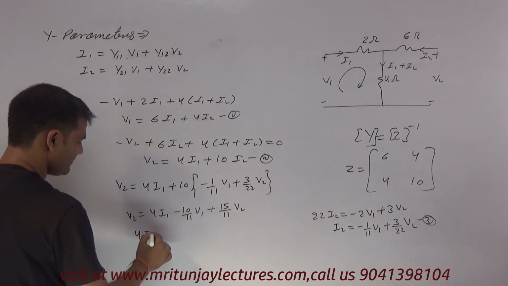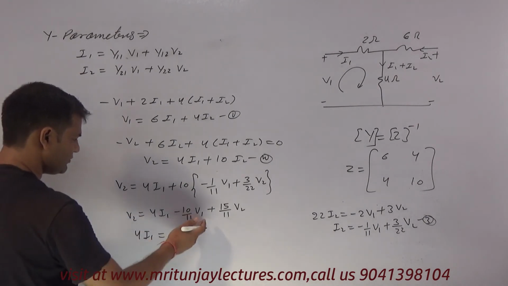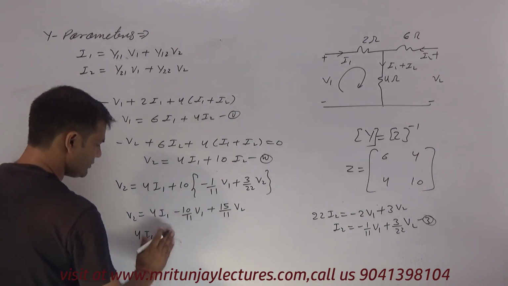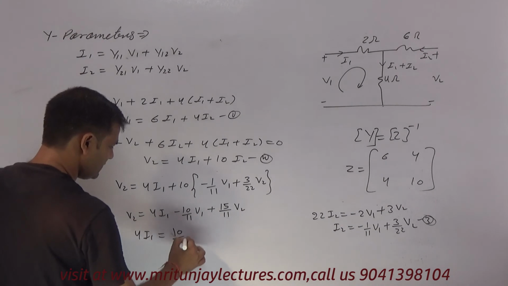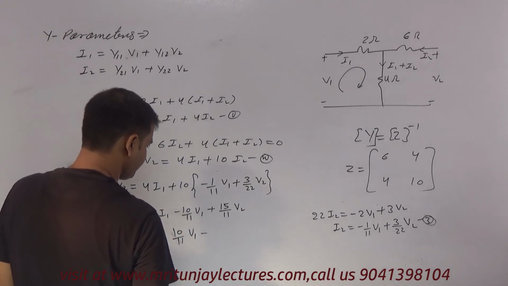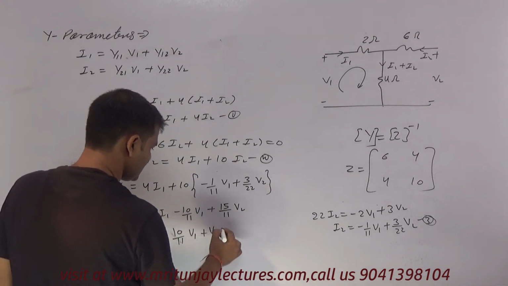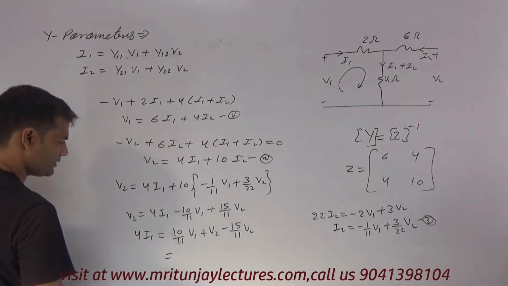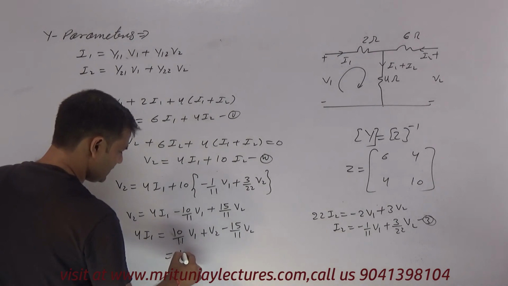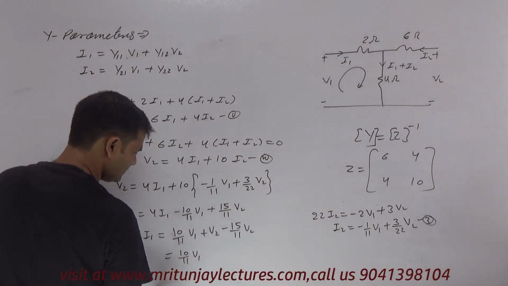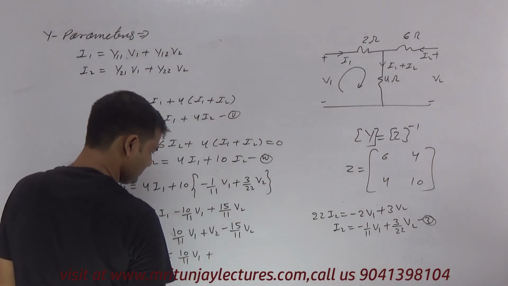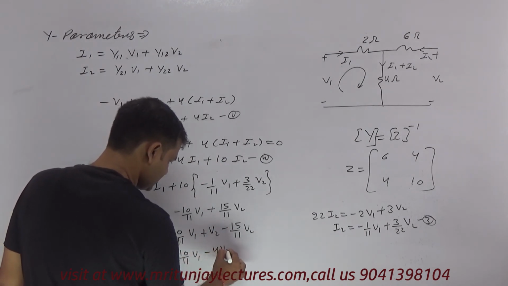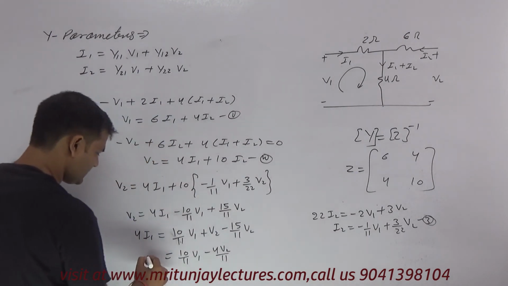So 4 I1 this will equal to, first of all 10 by 11 V1 minus V2 minus 15 by 11 V2. So we got 10 by 11 V1 minus 4 V2 by 11, that is 4 I1.